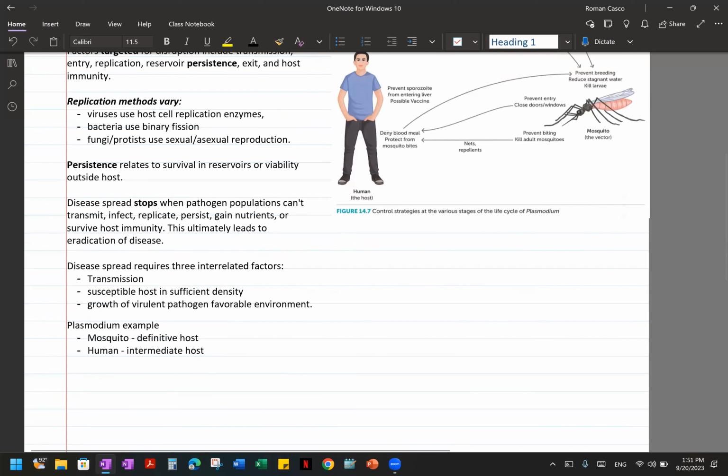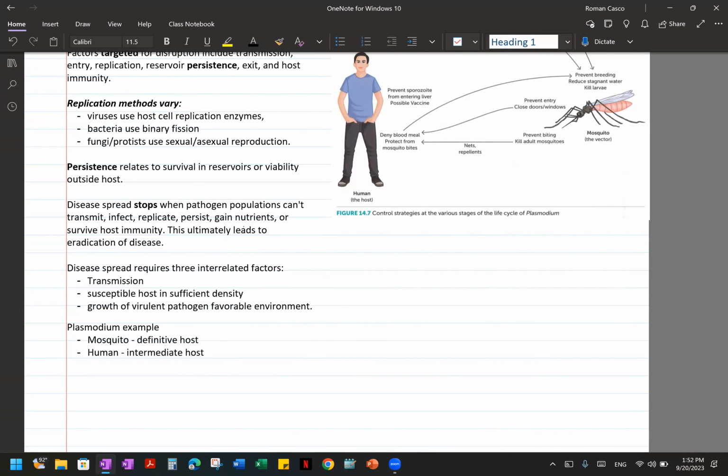In terms of replication, we know a lot about viruses. We know that there are many restriction enzymes that are very specific to viruses. We know that bacteria use binary fission, a reproductive method that is very different from humans and other eukaryotes.